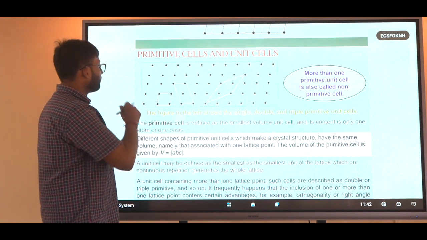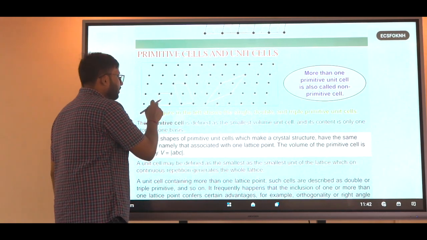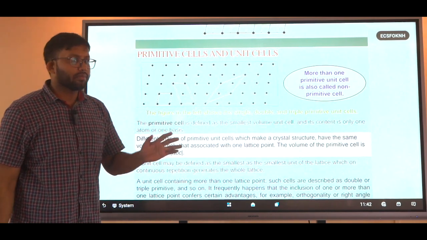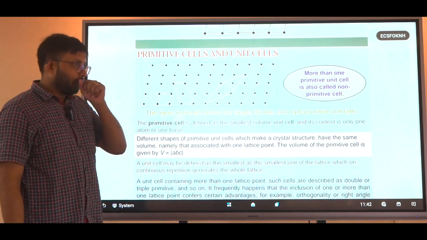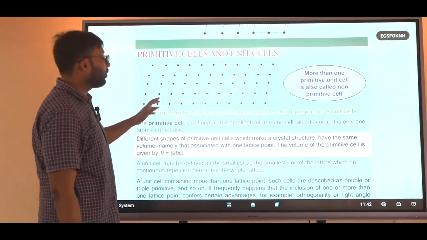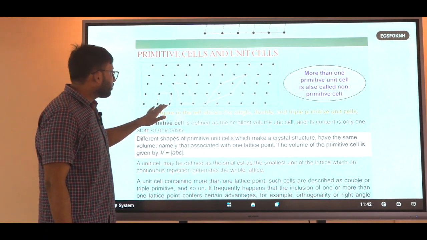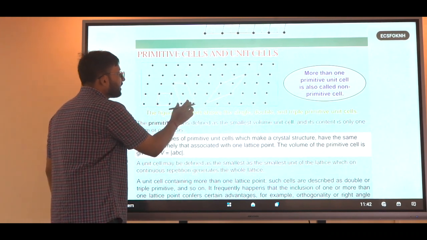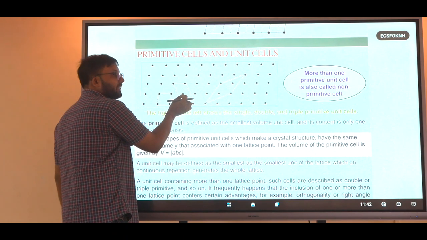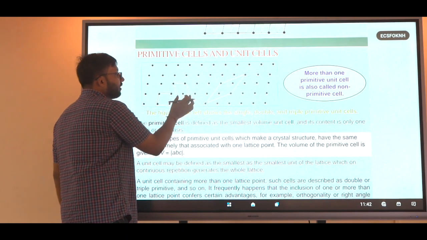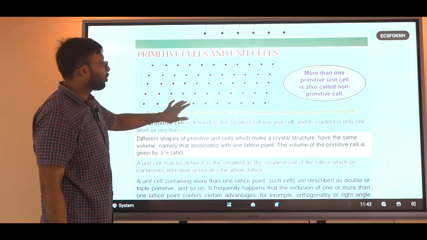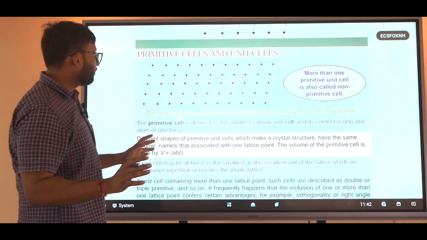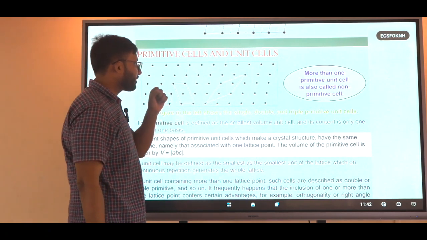If I make a cell where on each edge the atoms are present and there are no other atoms inside the cell, then we call it a primitive cell. But in this case we can see there is an extra atom present apart from these 4 atoms. So this will be a non-primitive cell. This is the basic difference between primitive and non-primitive cell.